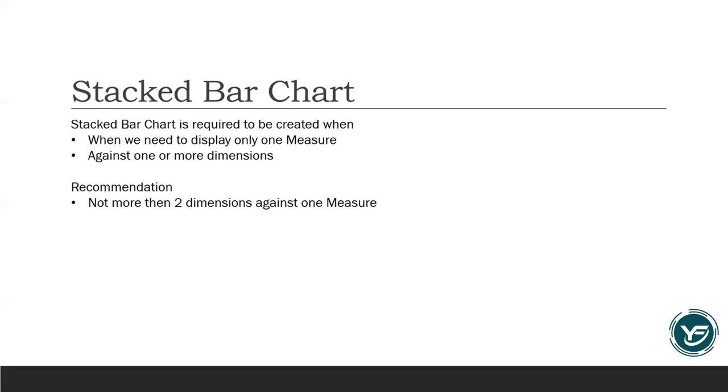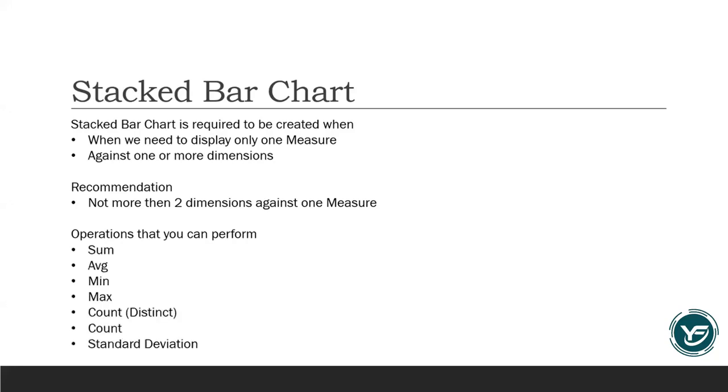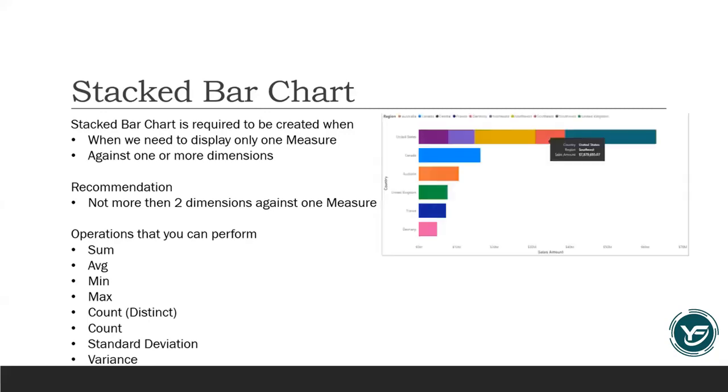So it is highly recommended that you use only two dimensions against one measure to showcase your data in the stacked bar chart. Normal operations that you can perform on measures are sum, average, minimum, max, count, distinct count, standard deviation and variance. These are a few operations that you can play around with in your stacked bar chart, but there are more operations that you can also perform.